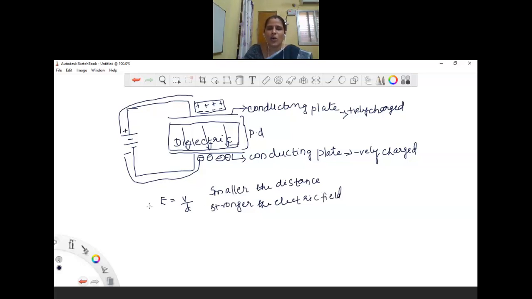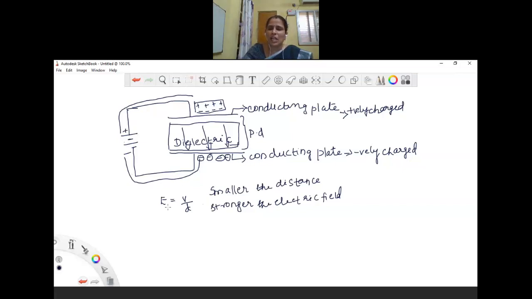Okay, now one question will arise: until what time will the electrons from the top plate be attracted by the positive terminal of the battery and reach the bottom plate? This is a very important question.